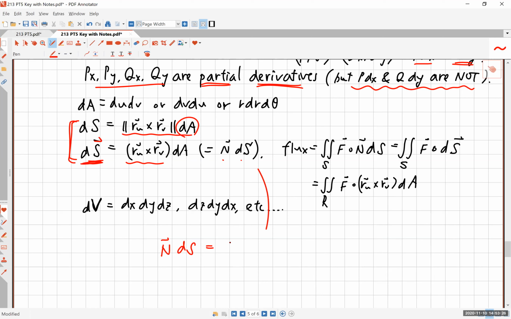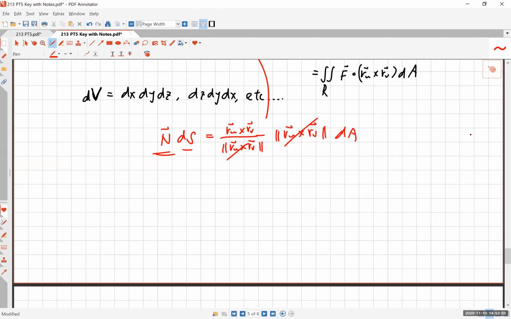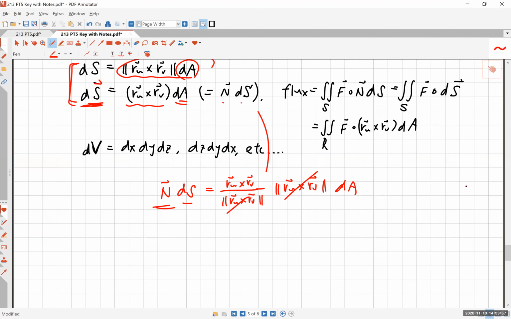You have r_u cross r_v. This is a normal component, but you have to normalize it, and that's your n, that's your unit normal. But remember, dS is this object, the cross product, and the norm of it. And that's why this thing cancels out. And so it becomes simpler, right? So hopefully you will remember all of these before you take your exam, and you should be all set.